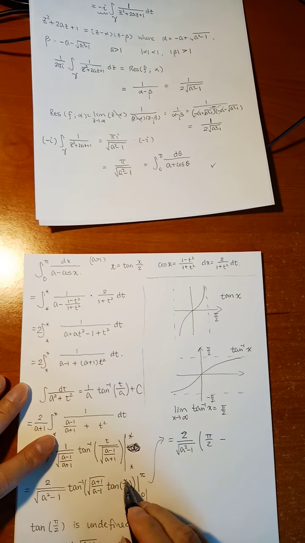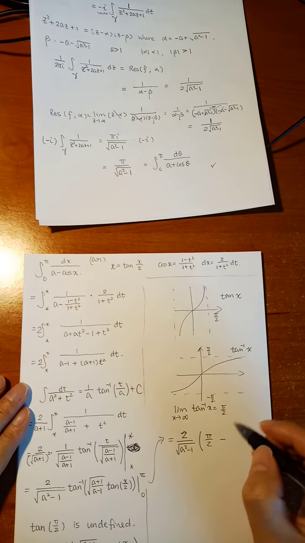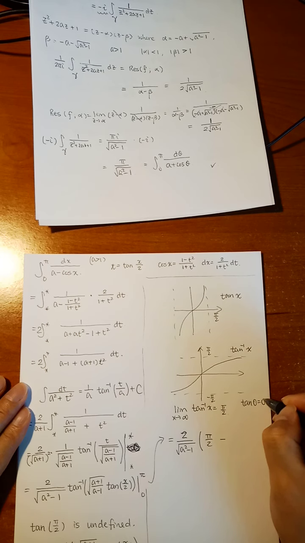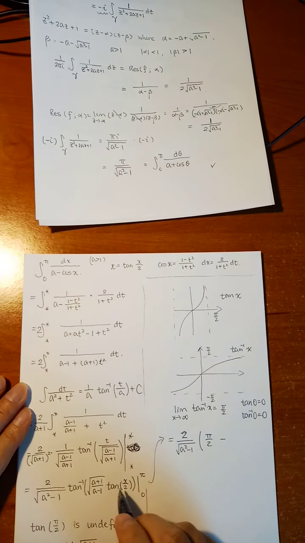And the second one, when x is 0, is good. It's well defined. The tangent of 0 is 0. Tangent inverse of 0 is also 0, right? So here you get a 0, and you apply tangent inverse times this positive number, still 0. And then tangent inverse of 0 is still 0.